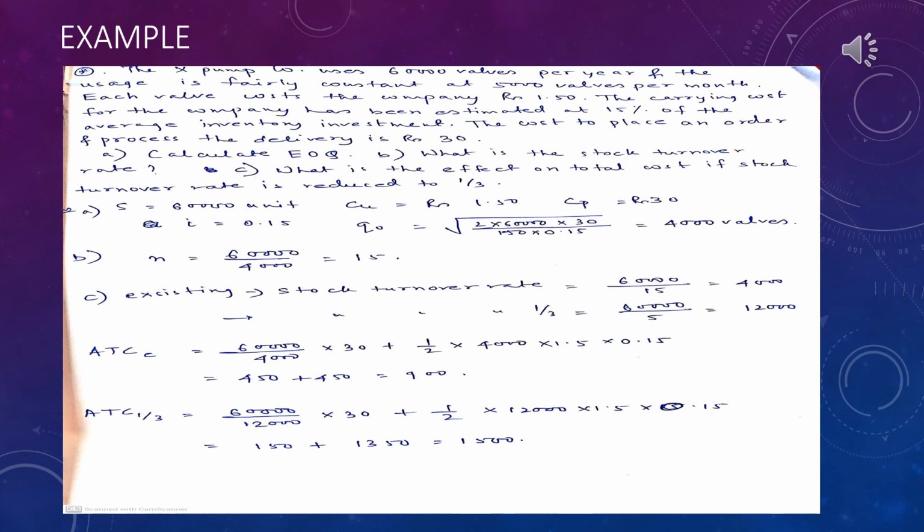Now moving on to the calculation of the total cost. If we are calculating the total cost, that is the procurement cost plus the annual inventory carrying cost at EOQ, the procurement ordering cost is 60,000 divided by 4,000 into 30, and the inventory carrying cost is Q by 2 into CU into I, where Q is taken at the economic ordering quantity, 4,000.